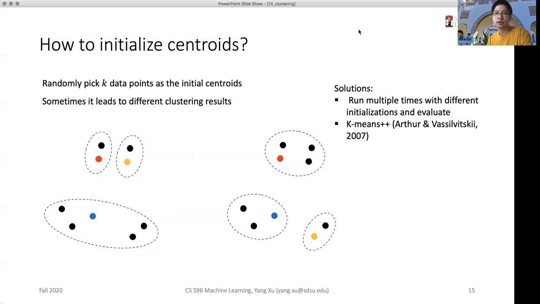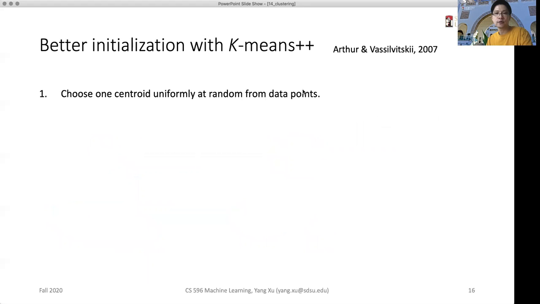And more importantly, there's an improvement to k-means, which is called K-means Plus Plus. Let's look at this method first. So K-means Plus Plus basically introduces a better way to initialize. It will choose one centroid uniformly at random from the data points. Okay, it will choose one data point at a time.